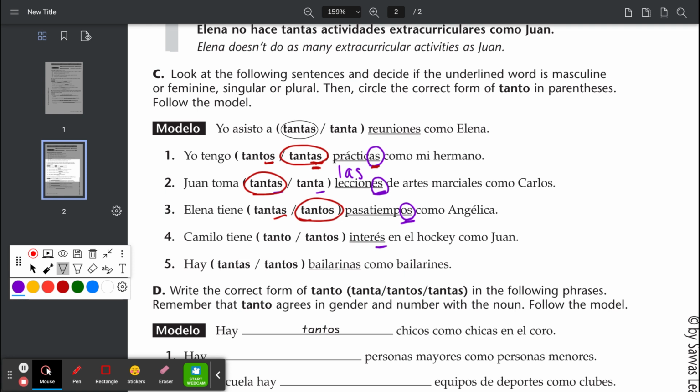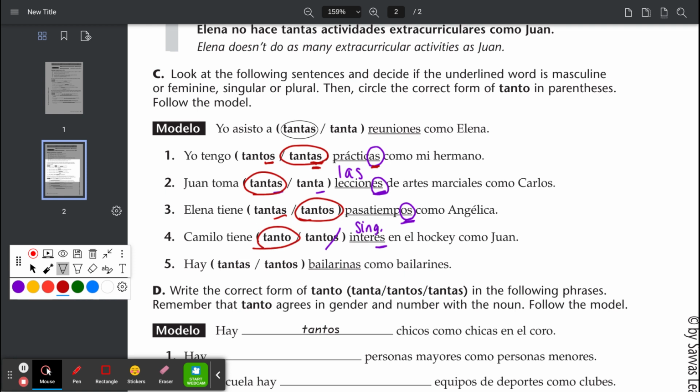So even though interés ends in an S, this is singular. If it said intereses with another ES, then it would be plural. So in this case, because it is singular, we would not use tantos, we would select tanto.